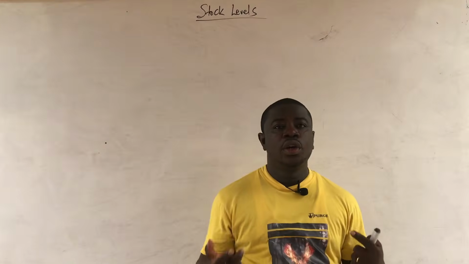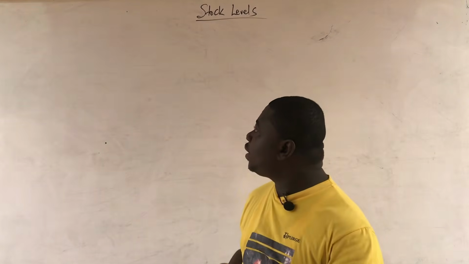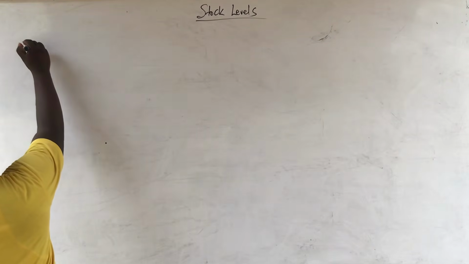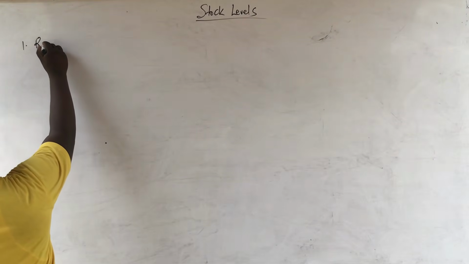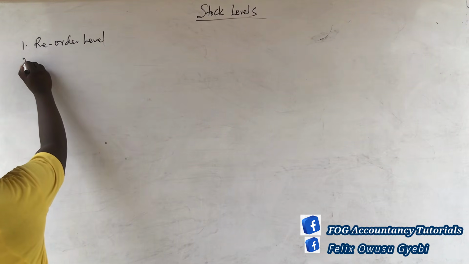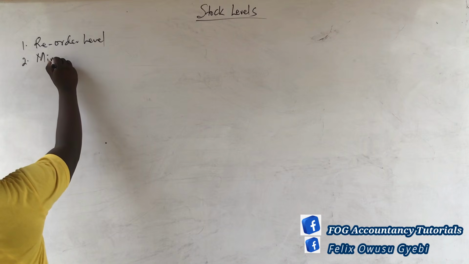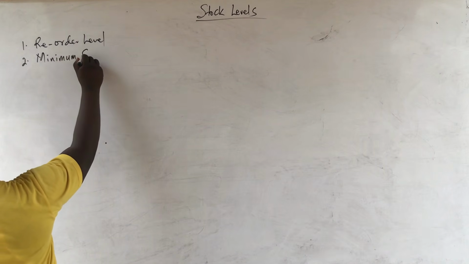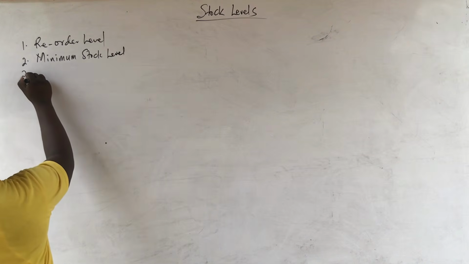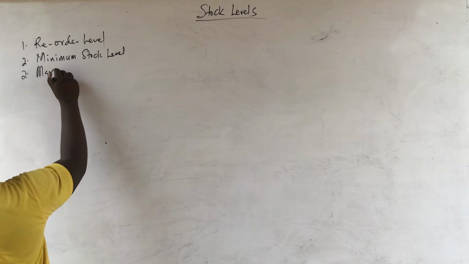And then over here, I'm going to look at these levels of stock, and I'm going to explain them to you. We are going to look at the reorder level for inventory. We are going to look at the minimum stock level or inventory levels, and then also we have to look at the maximum stock level.